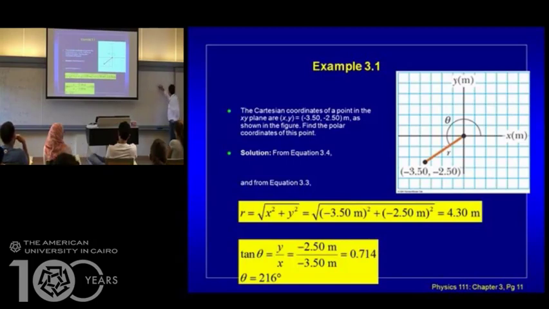We need that angle. This is the angle theta. But actually we calculated that angle. Actually, it's negative 54, because I made a mistake. Okay, so thank you.